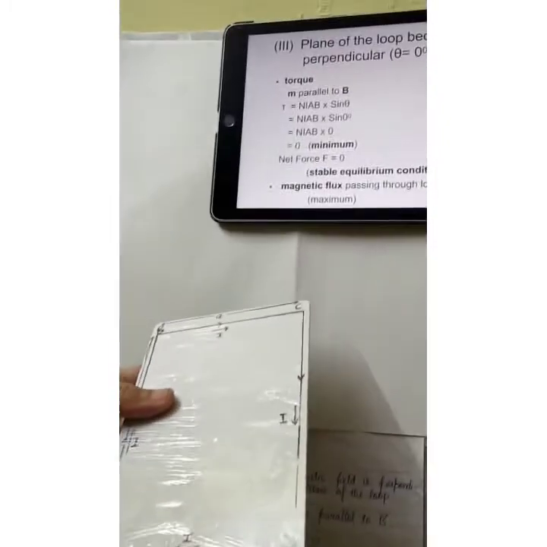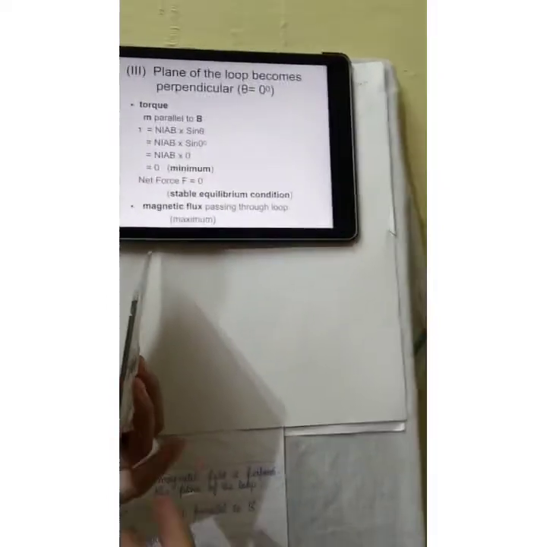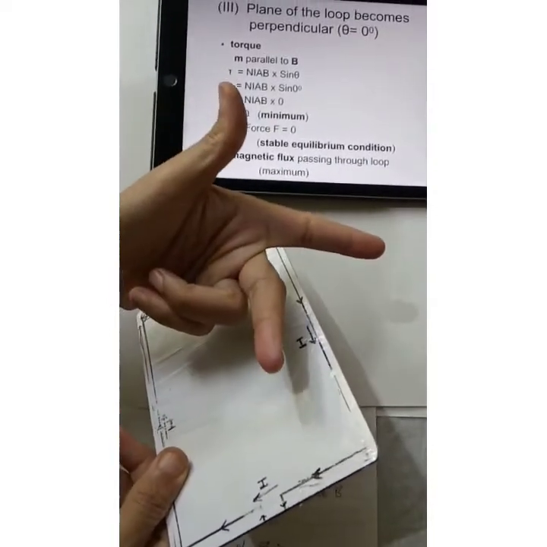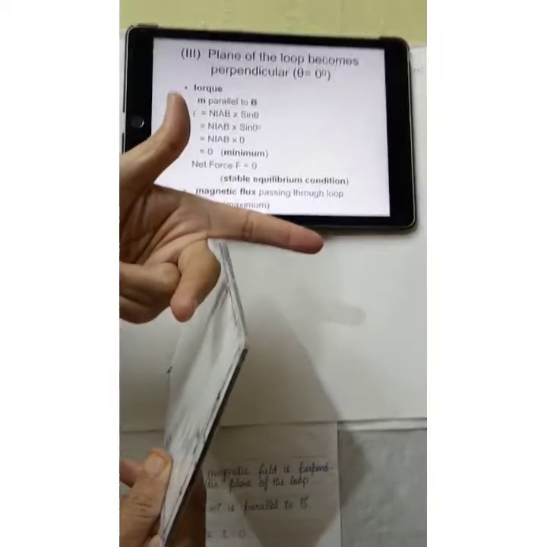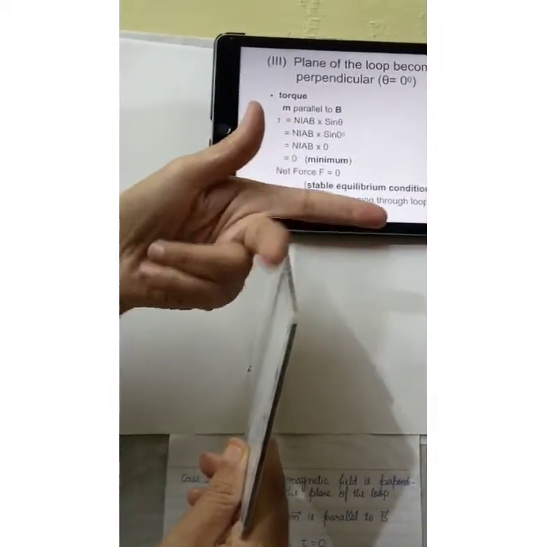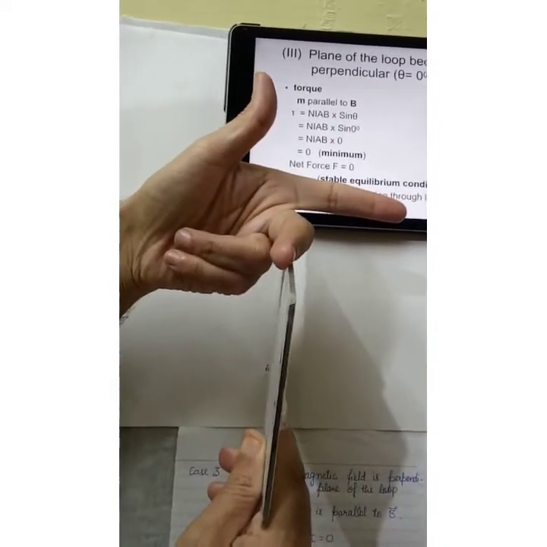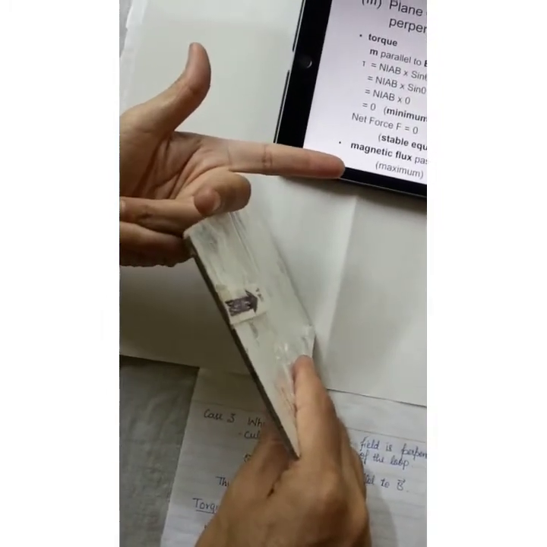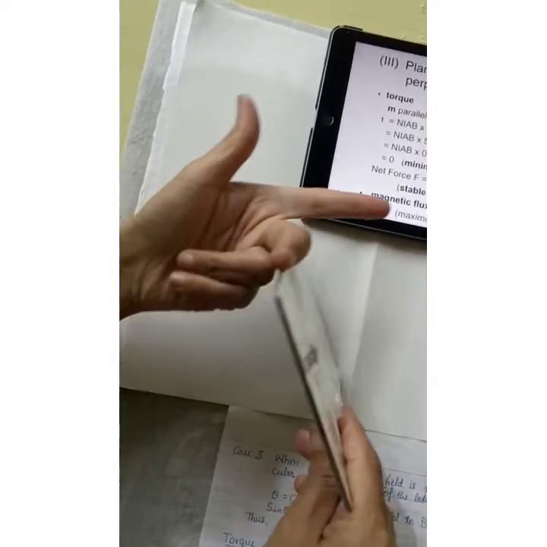And there is a very important thing here, that this conductor is having current in this direction, and the magnetic field in this direction, so by using the first finger for the magnetic field, the middle finger for current, the force is in the upward direction. Now what happens after this? After this, does the force remain vertical?